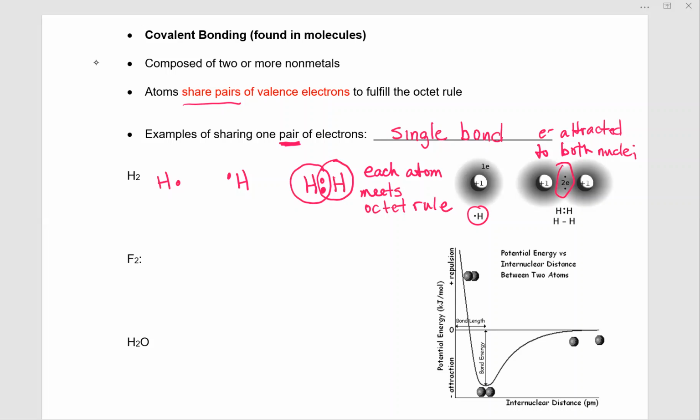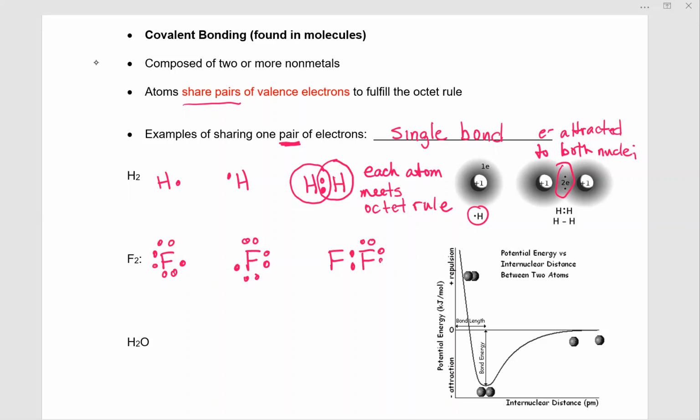Let's take a look at fluorine, another one of your diatomics. So we've got fluorine, and that has 7 valence electrons because it is in group 7. And then we're going to have a second fluorine. And these are floating around in the gaseous state, and they see each other and they go, oh, look, if we share electrons, we're each going to have a full octet.